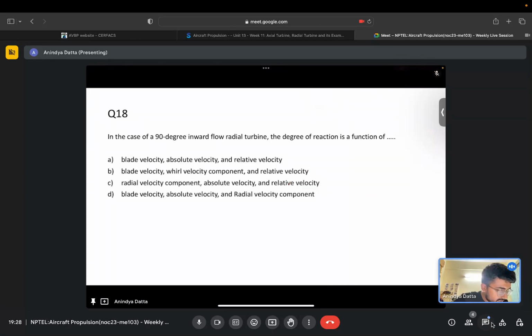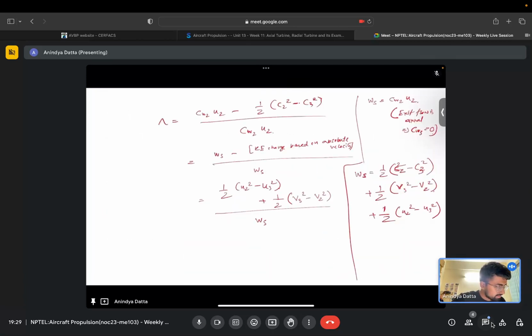So in case of a 90-degree inward flow turbine, the degree of reaction is a function of what? Let's go back to the degree of reaction expression.